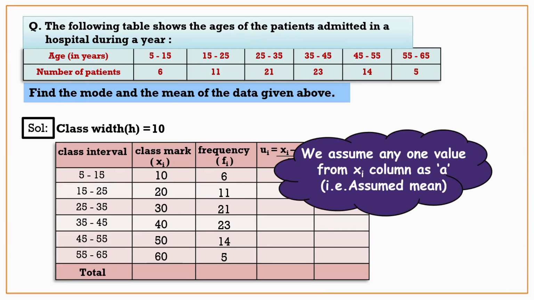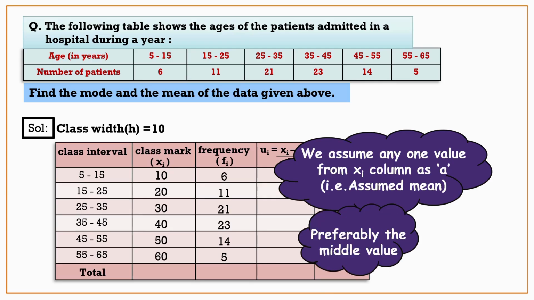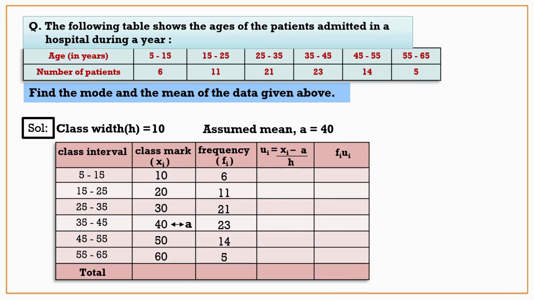Then we assume any one value from the xi column as a, that will be the assumed mean over here. We preferably consider the middle value. So let's take 40 as a over here. So we consider that assumed mean a as 40.